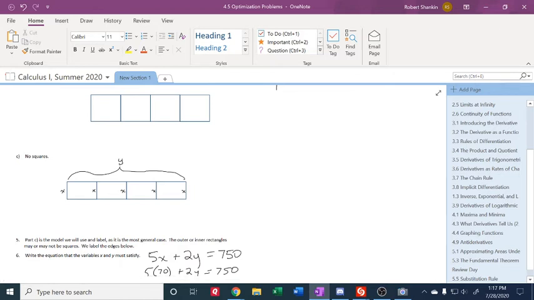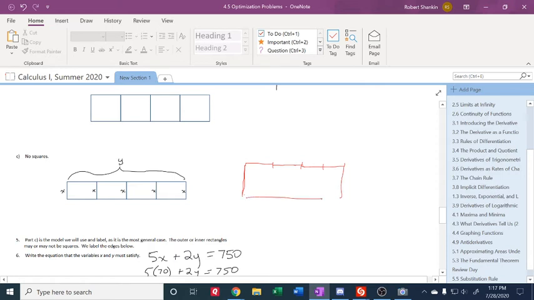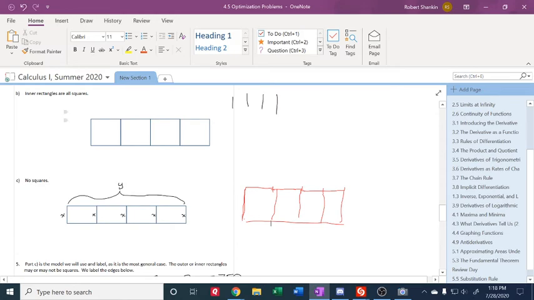So if I had drawn this one more so that these were longer than those, maybe that would have made more sense, that we would have come out with non-square regions internally for this.